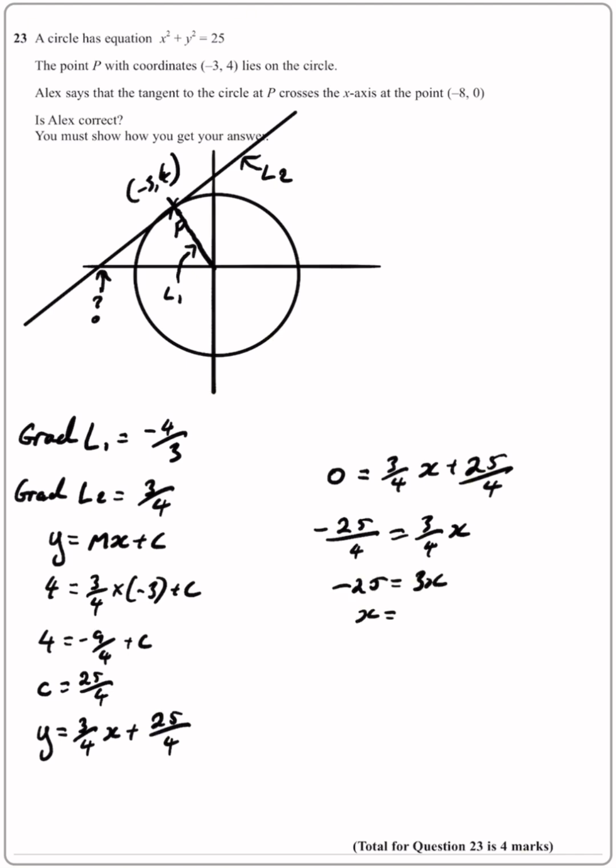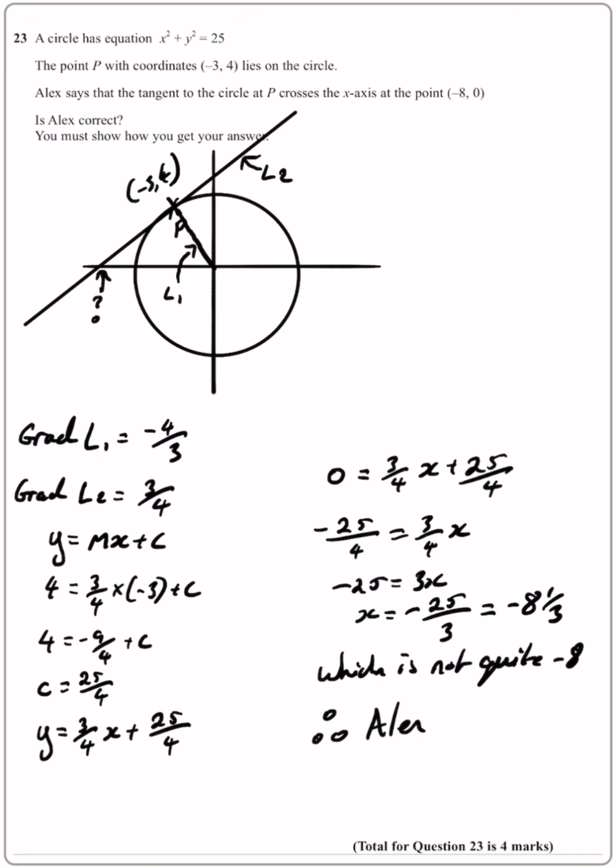Divide both sides by 3. The x-coordinate is minus 25 over 3, which is negative 8 and 1/3, which is not quite negative 8. So it's close, but it's not close enough. Negative 8 and 1/3 is not equal to negative 8. Therefore, Alex, I'm afraid, is wrong. Hard luck, Alex.